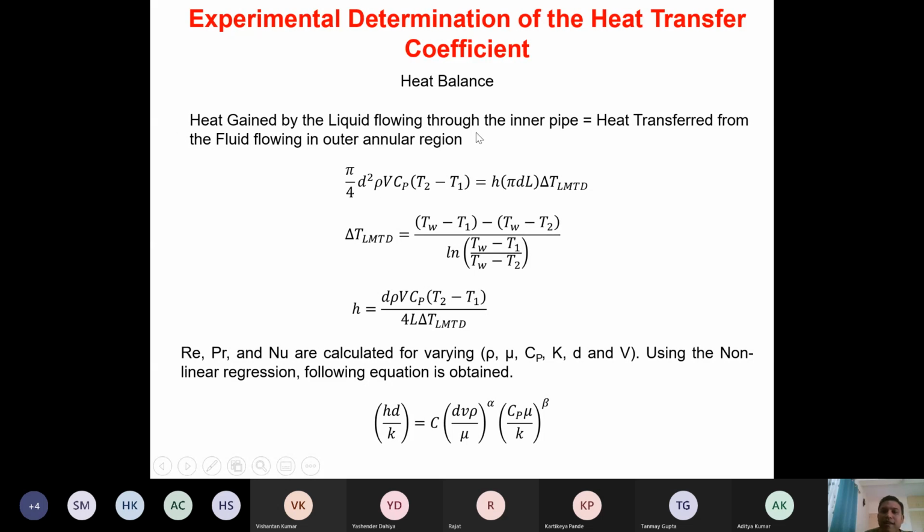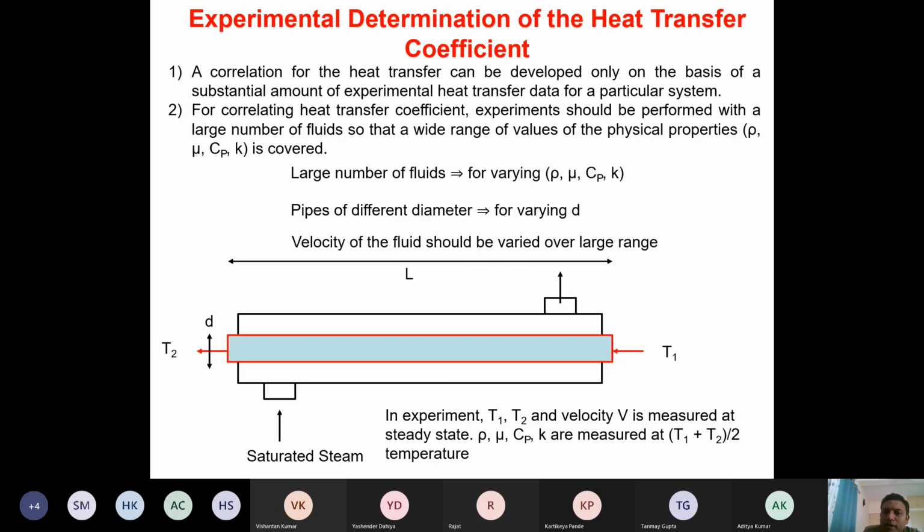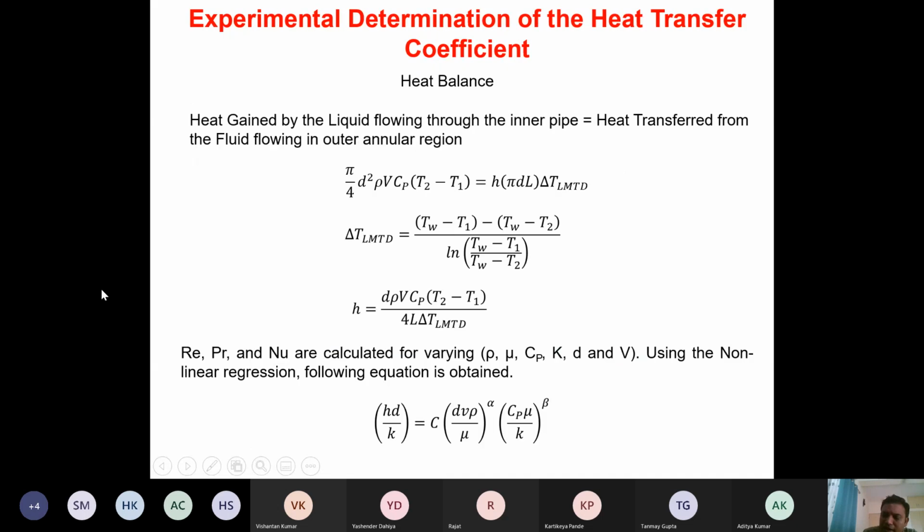Then we can make a heat balance. So what is the heat balance in this case going to be? The heat gained by the liquid through the inner pipe. That means the amount of heat being taken away by the fluid which is moving along the axial direction can be obtained directly as pi by 4 d square, that is nothing but the area, into rho v Cp into T2 minus T1.